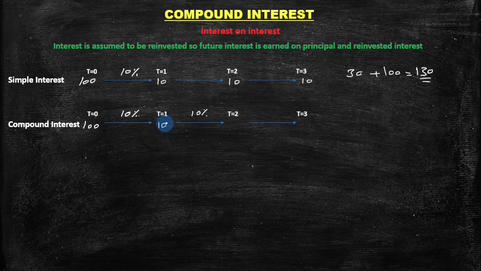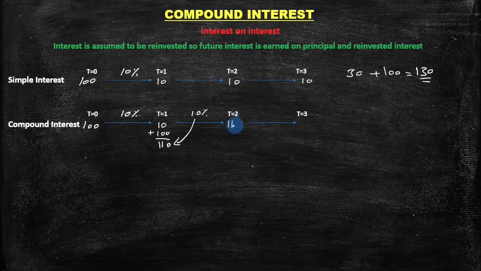This $10 in interest will be added to the original investment. That means $10 plus $100, 110. So this 10% this time will be calculated based off of this, not this. That means we end up with $11.